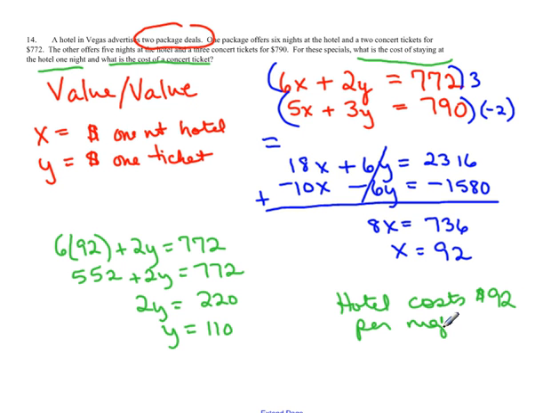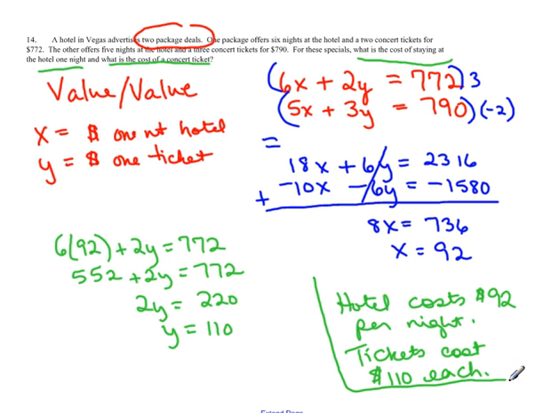I've answered that question. The next question says, and what is the cost of a concert ticket? Well, Y represented the cost of one ticket, so tickets cost $110 each. And you don't have to use those exact words, but you do need to answer the question.